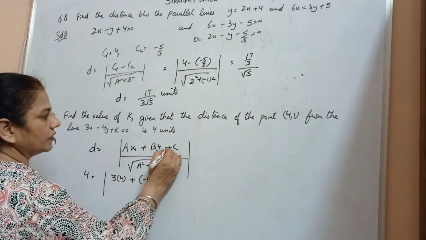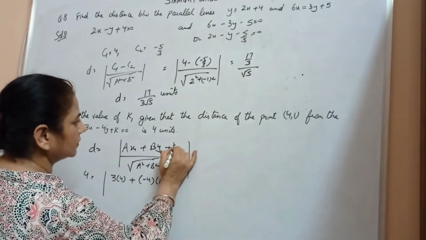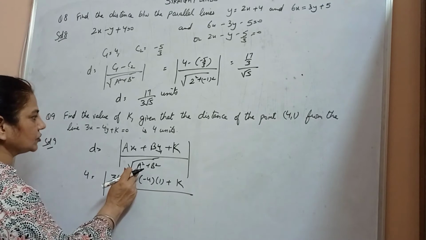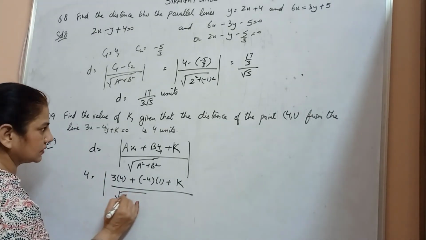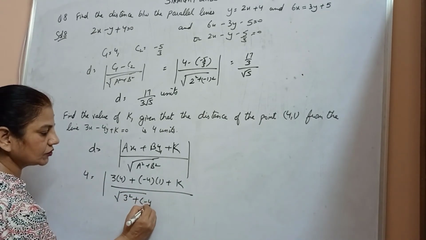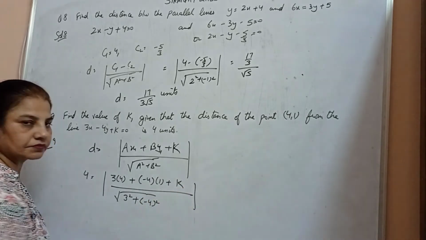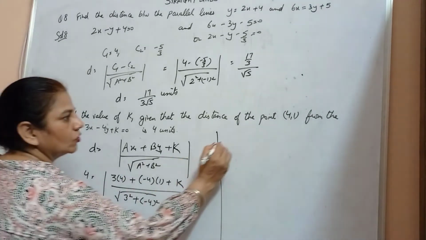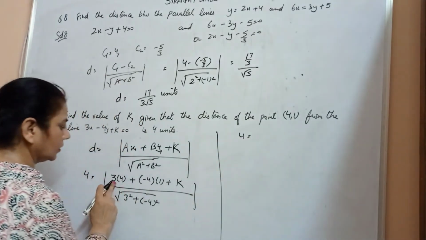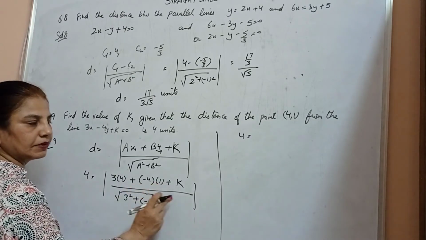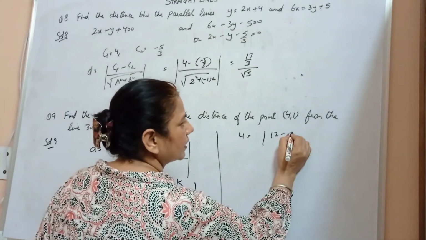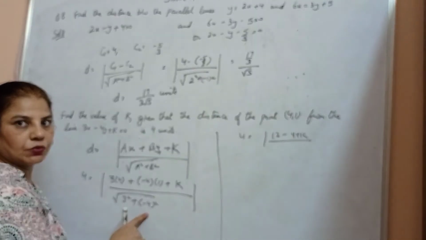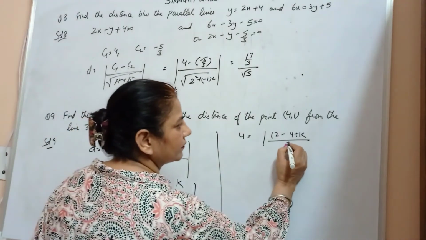Here it is k, so we write it over k only, divided by under root of the coefficient of x square, that means 3 square, plus the coefficient of y square, minus 4 square. On solving we get 4 is equal to 12 minus 4 plus k divided by 9 plus 16, 25. Square root of 25 is only 5.